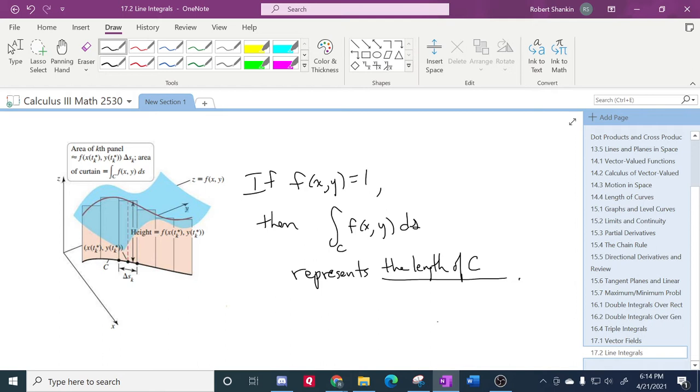And then I tell them, when you found the area of the circle, you also found the volume of the cylinder that has that same circular base, but height of 1. Because that area times the height, it does two things at once. It's also the area of the base and the volume of the first level. And the same thing here. This is the length of C and the area of the curtain if it had a height of 1.